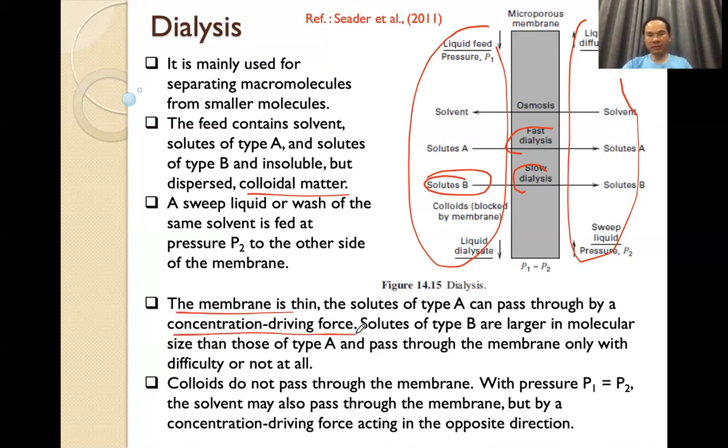Previously, in microfiltration and ultrafiltration, the driving force is pressure. But for dialysis, the driving force is concentration, because the concentration of solute A is higher in the feed side, so it diffuses from the higher concentration to the lower concentration.